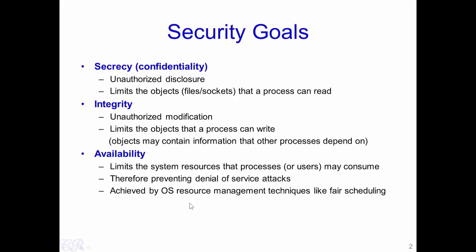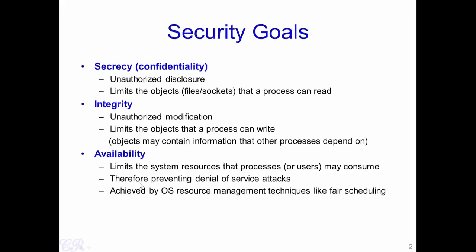Availability, on the other hand, means that a particular user or a particular process has a limited use of the system resources. In other words, one particular user should not be able to hog the entire system resources.